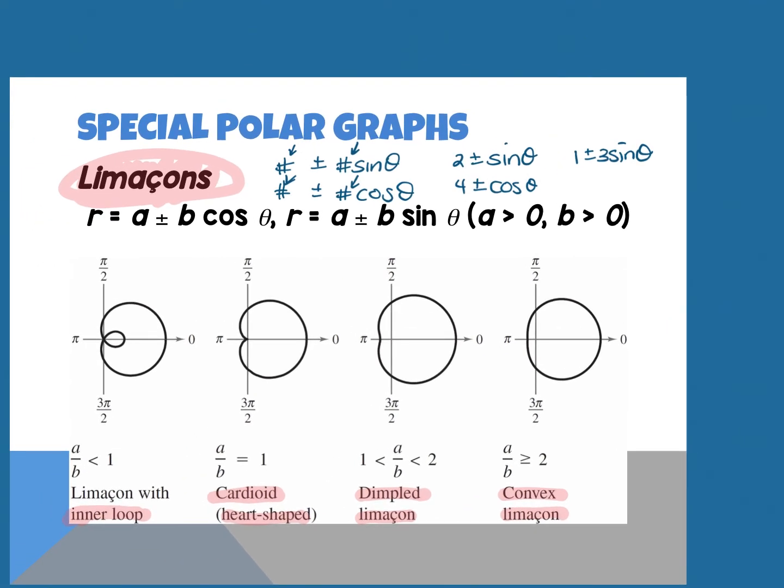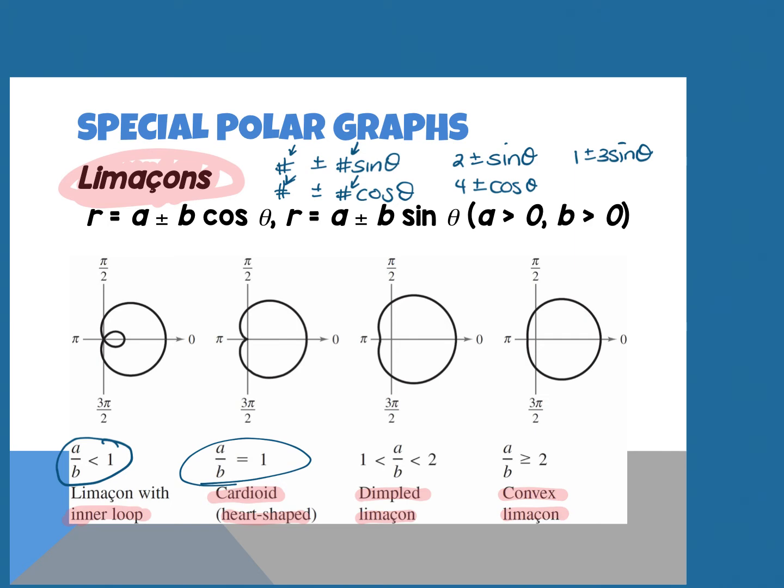The A is the number that's by itself. The B is the number that's attached to the trig function. If A over B is less than 1, then it has an inner loop. So it comes in around the axis like that. Now these can also be on the y-axis, so these can also be rotated. If it's A over B equals 1, it has that heart shape.